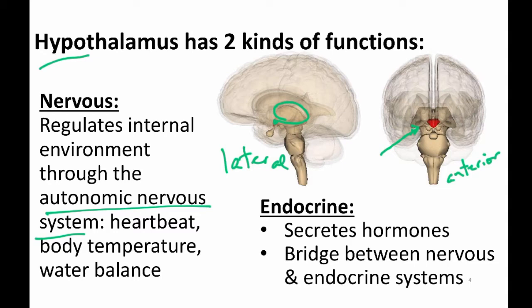And then the endocrine system, which secretes hormones. The hypothalamus is considered to be part of the nervous system and the endocrine system. It is a neuroendocrine organ. And this particular structure, the hypothalamus, is seen as the bridge that allows communication between the nervous and endocrine systems proper.